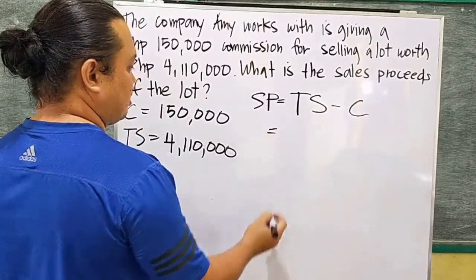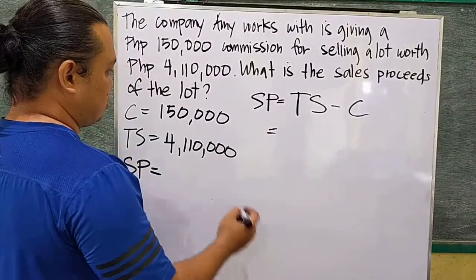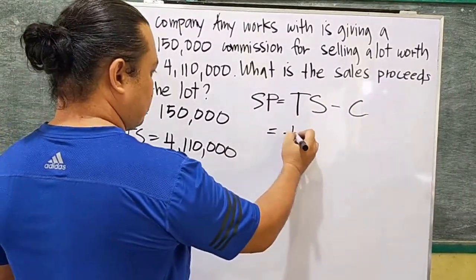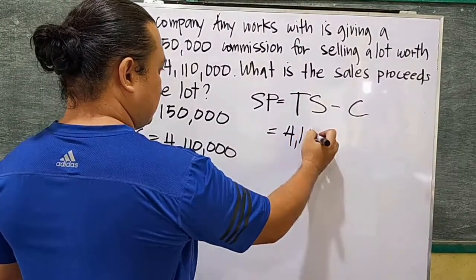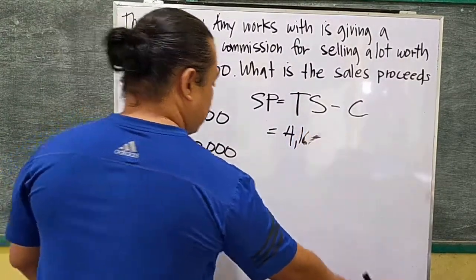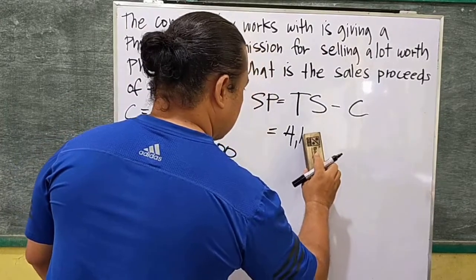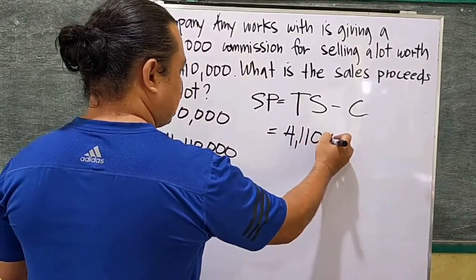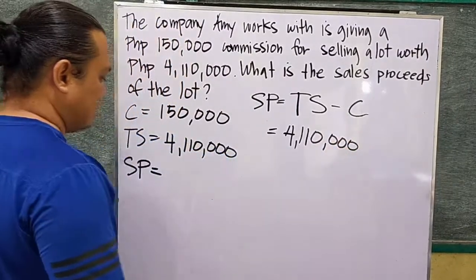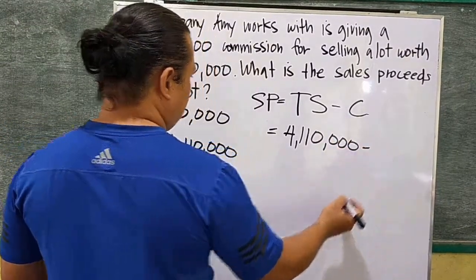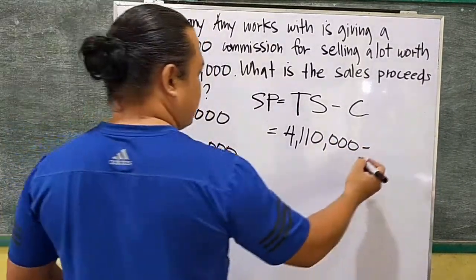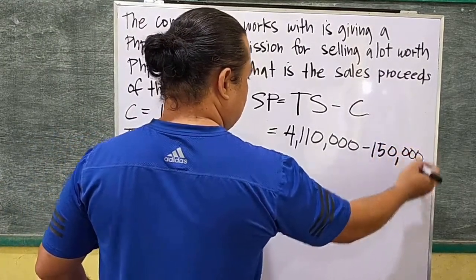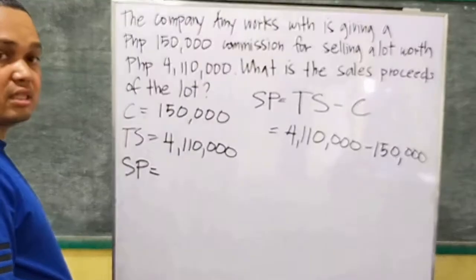So let's start that. Let's substitute. Now TS here is 4,110,000. Minus commission is 150,000. Okay, so all we have to do is just subtract.